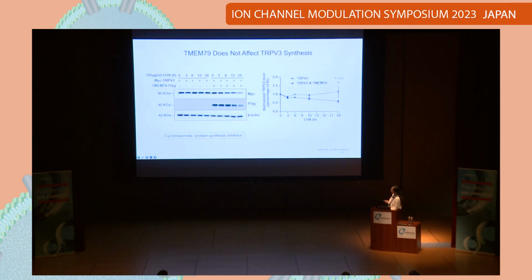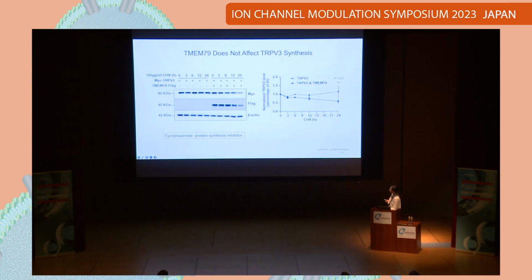There is another possibility, that the reduced TRPV3 expression is caused by less protein synthesis. So here we used a protein synthesis inhibitor, cycloheximide, and incubated the cells for different time points.